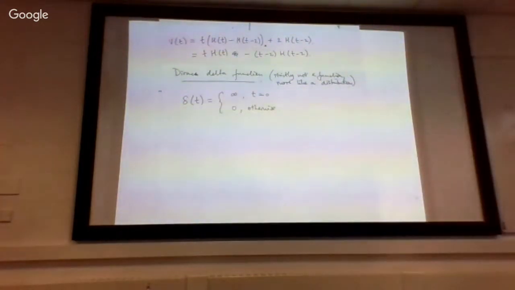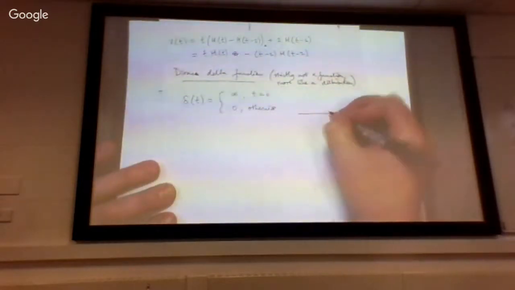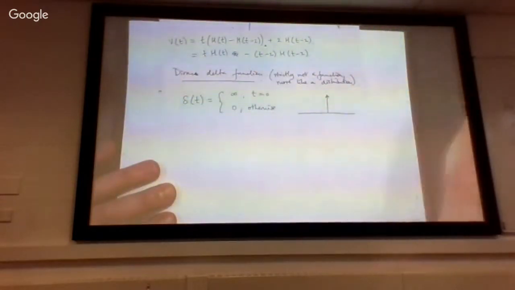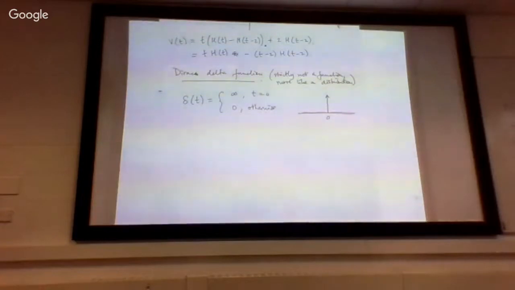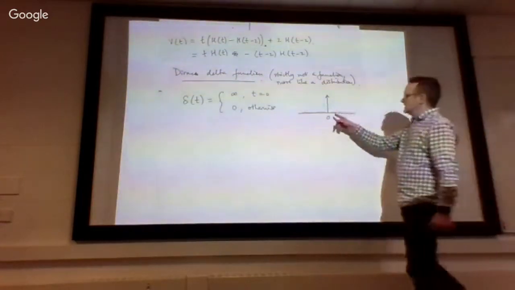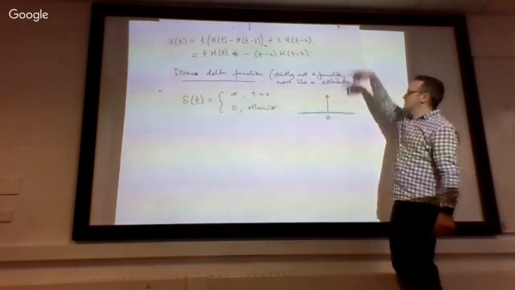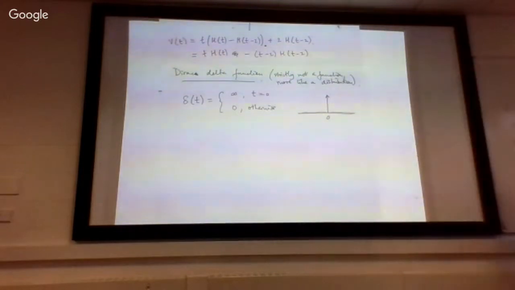It takes a value infinity. You can't really draw a graph of it. You can attempt to draw a graph of it by indicating it's 0 everywhere, and at the input value t equals 0, we can't really draw it. Just point upwards, takes a value infinity.